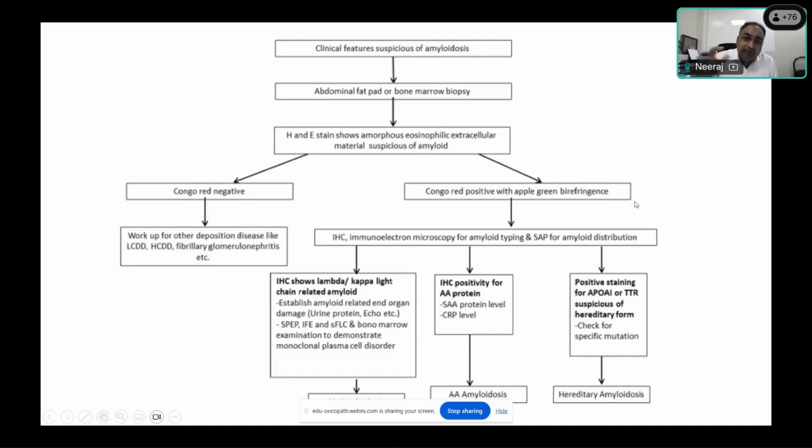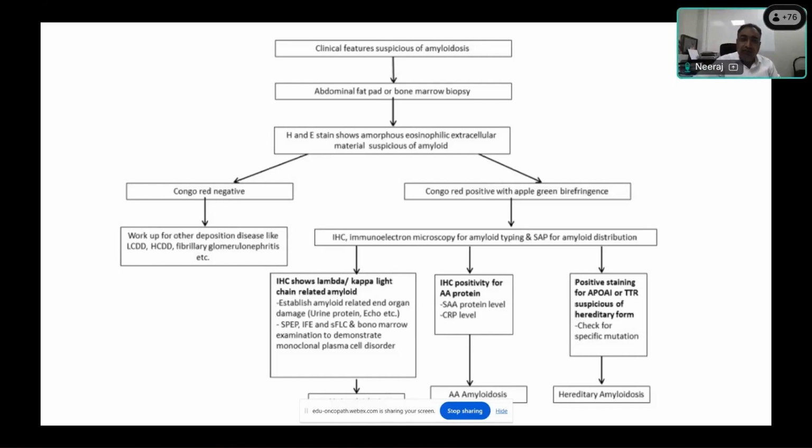So whenever we are dealing with an amyloid in the bone marrow, suspected or otherwise, we need to characterize that amyloid to show whether it is primary, secondary, or a hereditary form of amyloidosis, because drugs are available for some of the hereditary amyloidosis, which can be treated with specific kinds of drugs.